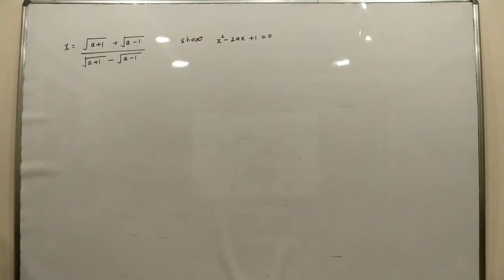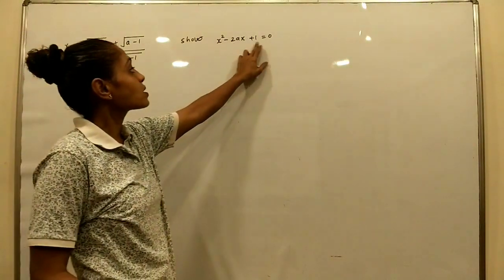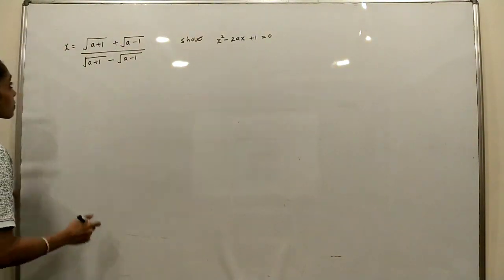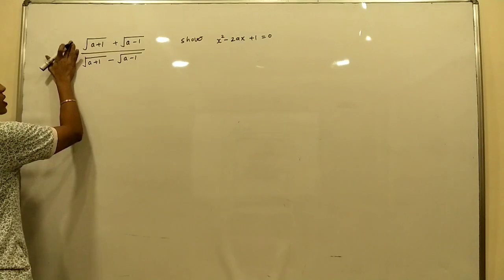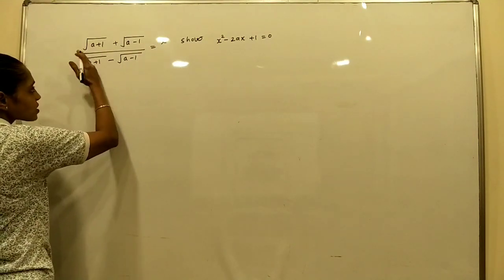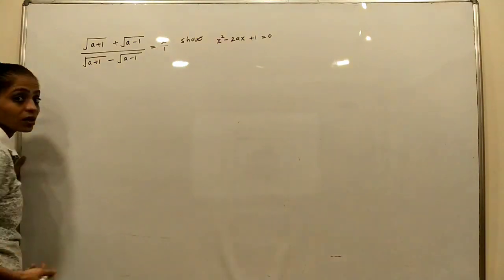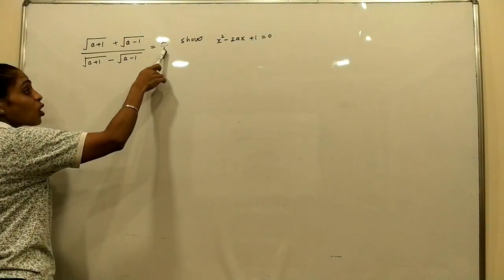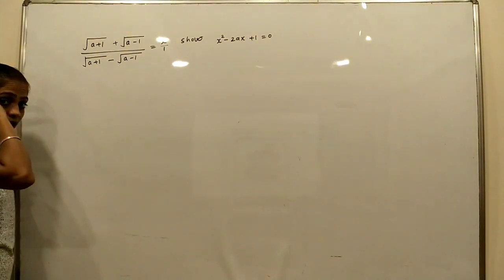You have to show that this equals 0. Okay? Equal to x, if you have kept x here then put x here also, because x equals x upon 1, right? Don't forget to put 1 in the denominator.